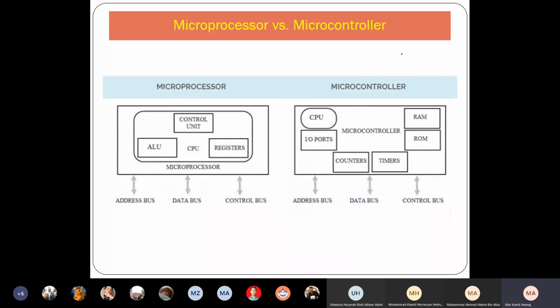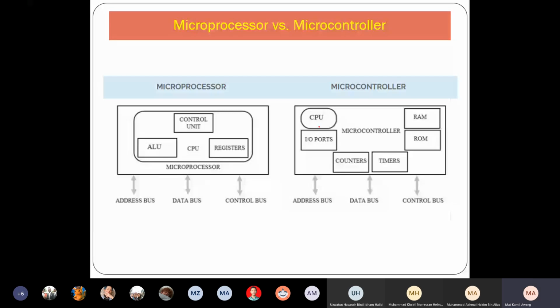In summary, this is the comparison. For the microprocessor, you have the ALU, registers, and control unit. It has only these: registers, control unit, and ALU. For the microcontroller, everything is on the chip, which is the CPU.